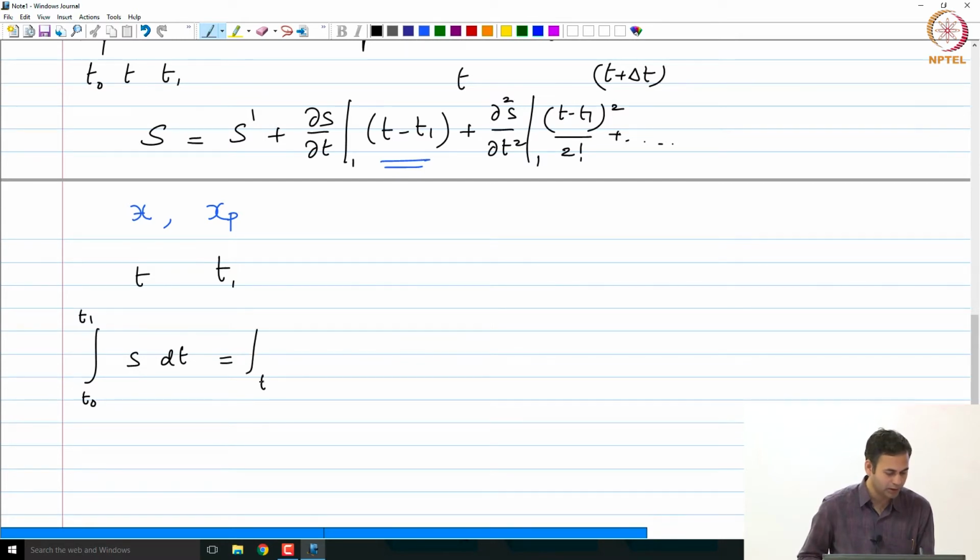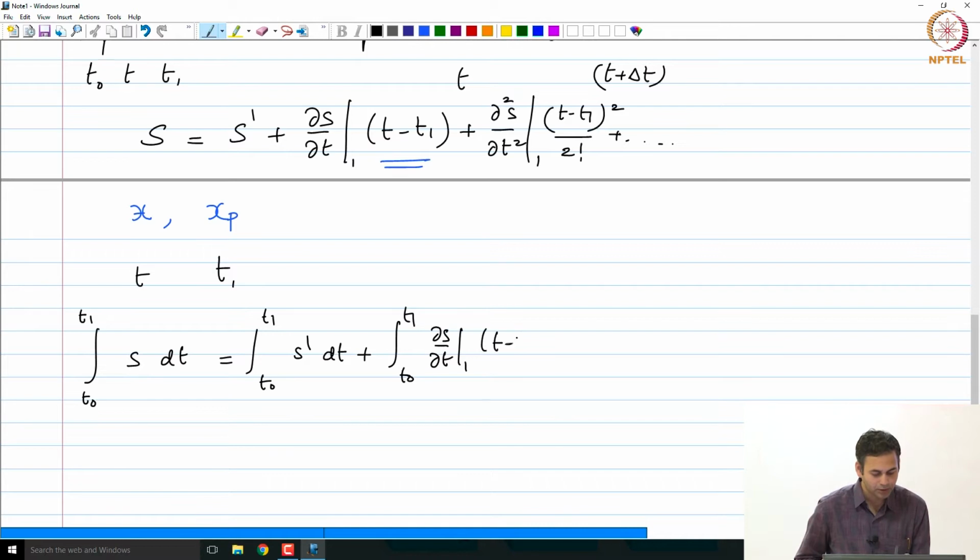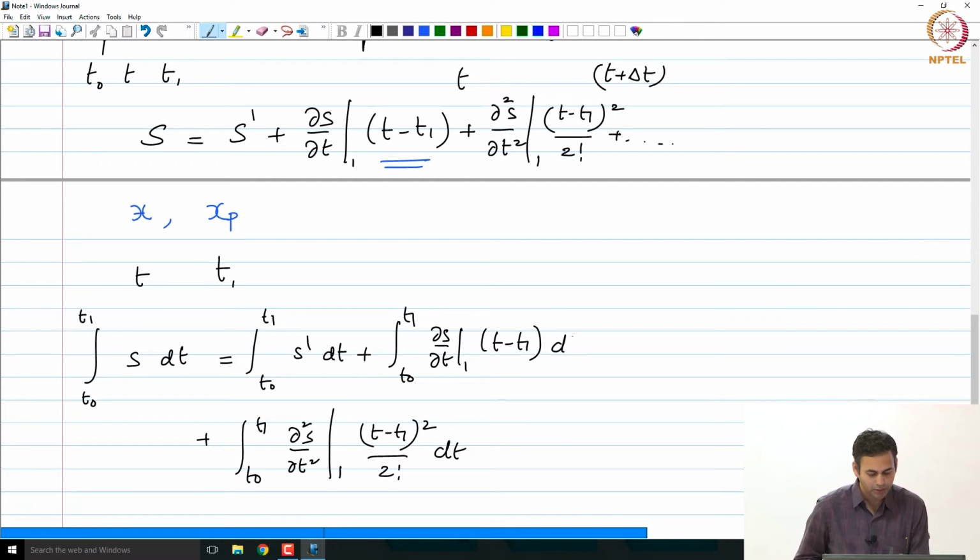This will be integral t0 to t1 of S1 dt plus integral t0 to t1 of partial s partial t at 1 times t minus t1, plus integral t0 to t1 of partial square s by partial t square at 1 times t minus t1 whole square by 2 factorial dt, and so on.